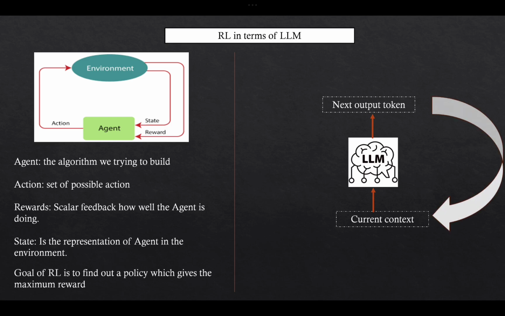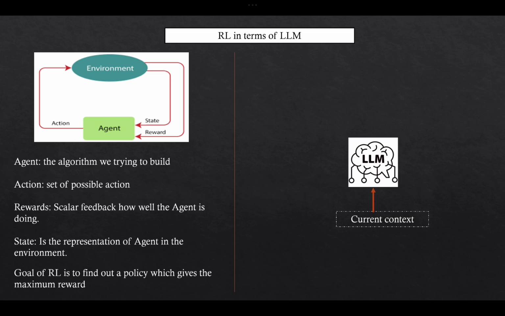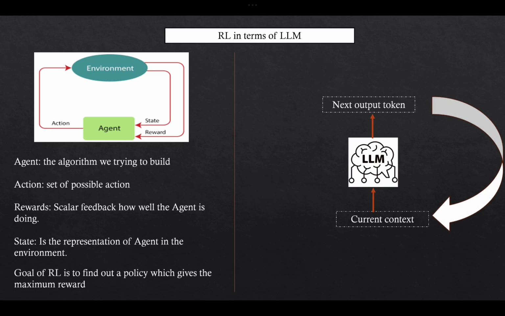That next token will be fed back into the current context, and the enhanced context will be fed to the LLM again, and it will generate the next output token. This process goes on until a particular length, or until the end of sentence token is generated.